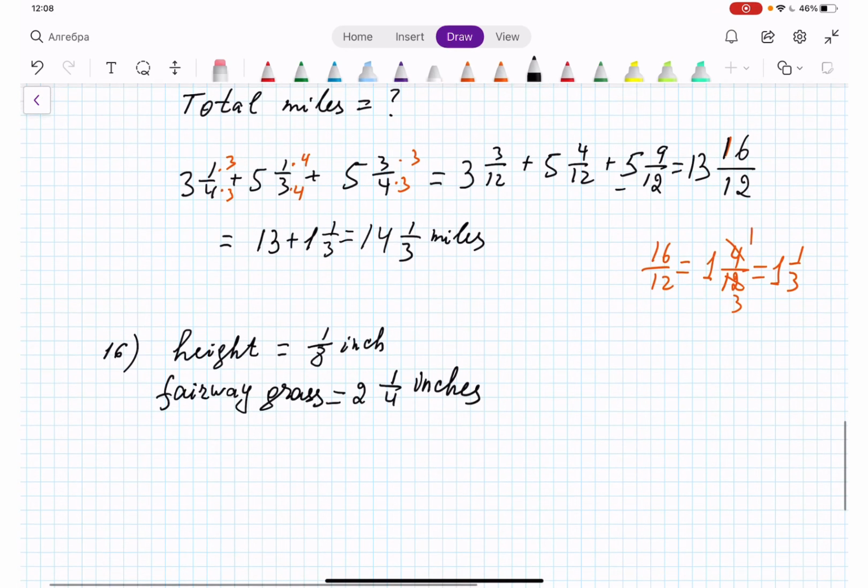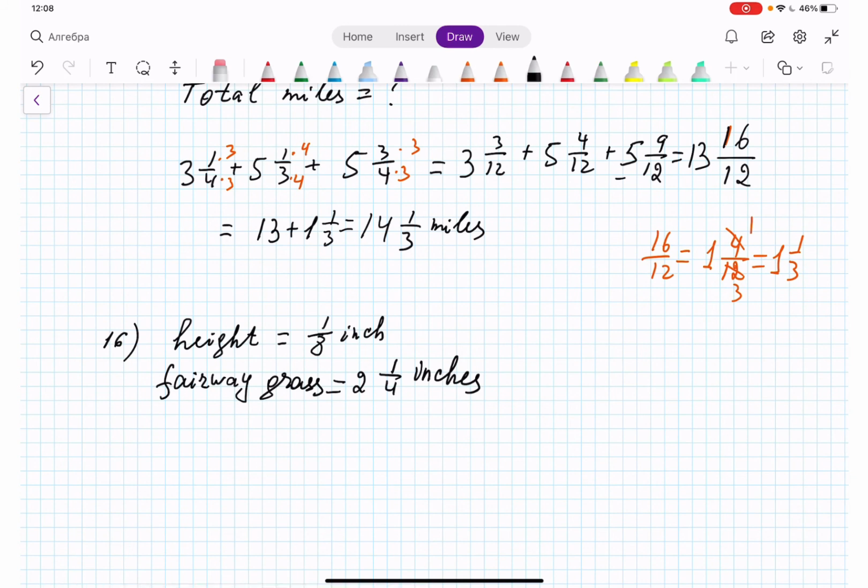All we are going to do is subtract, so 2 1/4 minus 1/8, right? 4 and 8, common denominator is 8, so this is multiplied by 2, and here we are getting 2 over 8 minus 1 over 8, and we have 2 and 1 over 8 inches.